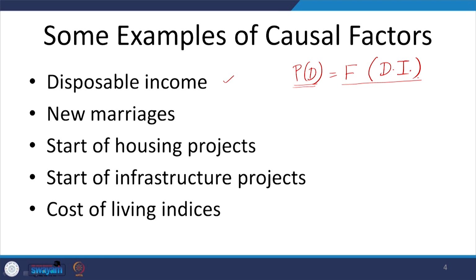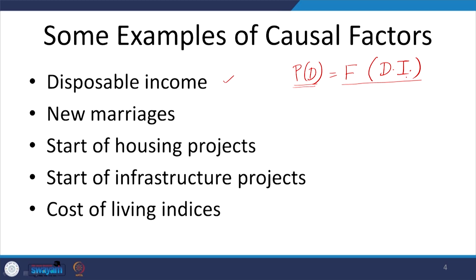Then I will know that in year 2025 probably this will be the disposable income of India, and if I substitute that disposable income, accordingly I will know what will be the demand of my products in 2025. From some other independent sources, I know how these factors are going to change in coming time, and based on that knowledge I will substitute those values in this relationship, and that will give me the demand of my products or services.